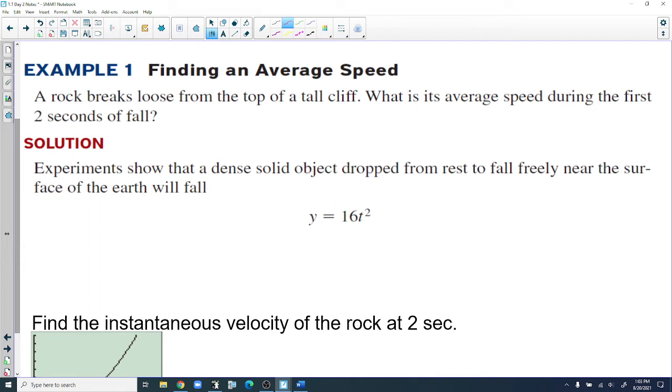Solution. Experiments show that a dense solid object dropped from rest to fall freely near the surface of the earth will fall this far in, let's go feet for our answer, f of t equals 16 t squared feet in t seconds.